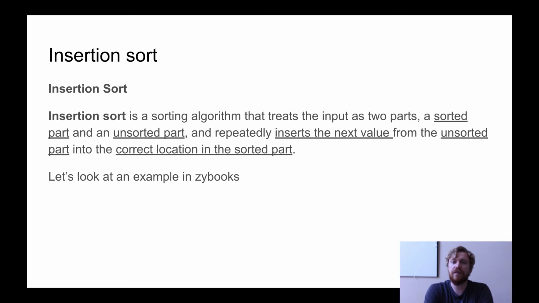The difference is, in selection sort, we went searching through the unsorted portion of the array, finding the smallest element, and then that element got put into the sorted portion of the array. Insertion sort, on the other hand, is just going to take the very next item in the unsorted portion of the array and put it into the sorted portion of the array.